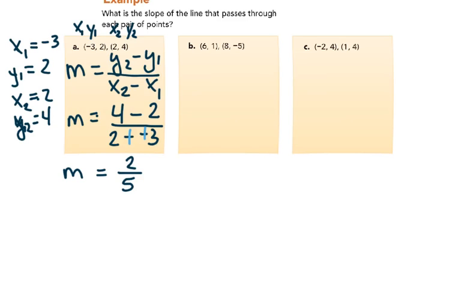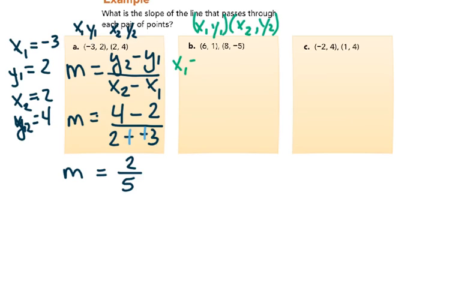Let's continue on with part B. So like I said, above each one you're going to put x1, y1, and then you're going to put x2, y2, and I might come off to the side here.